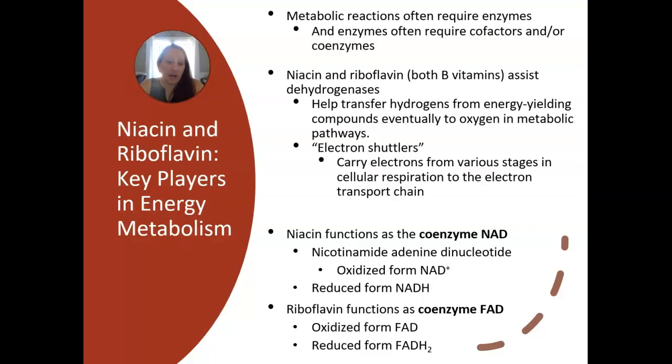And they carry those high energy electrons from whatever point we're at in the metabolic pathway to the very end of the metabolic pathway, which is called the electron transport chain. It's there that they dump off their electrons, and those electrons are used to drive the synthesis of ATP. So you can think of these as the middlemen, the electron shuttlers. They pick up electrons, carry them to the right spot, and then dump them off.